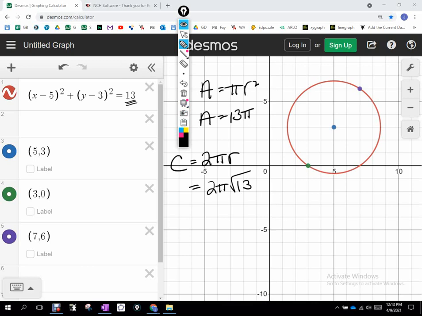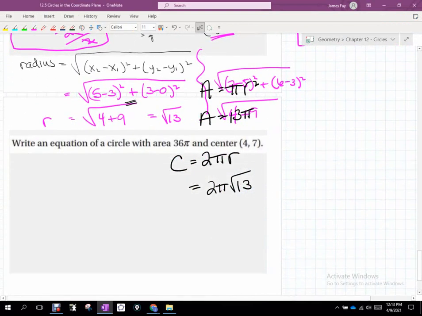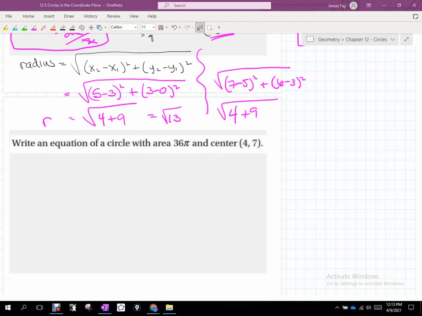Okay? They might tell you that, and I think the next question I have here does this. They tell you the center of a circle, but they do not tell you endpoints of a diameter or anything like that, like we just did, to find the radius.